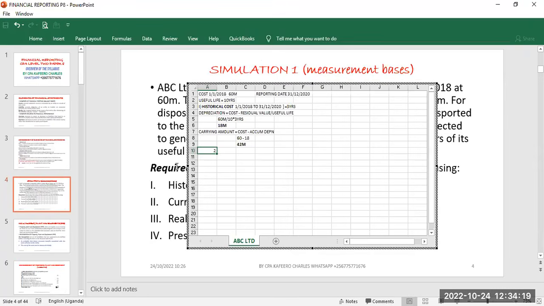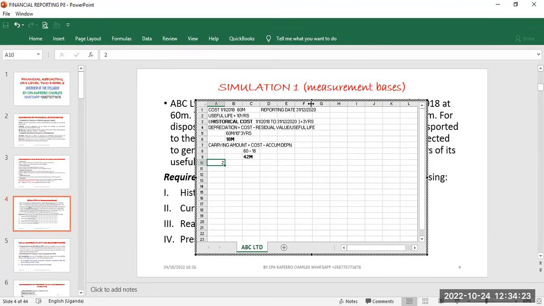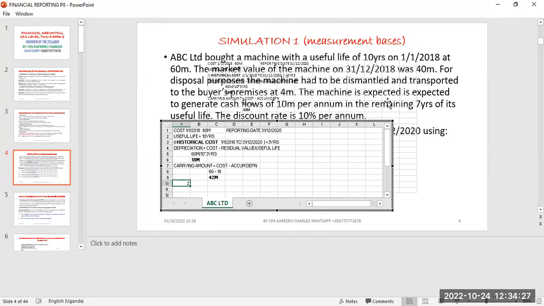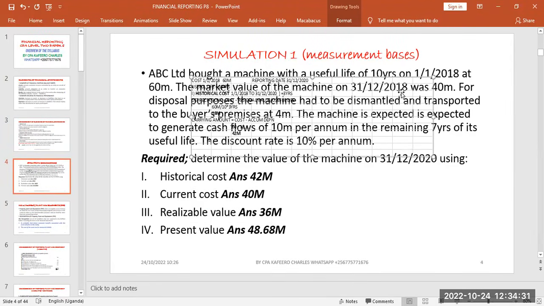Actually, this one was supposed to be 2020. Because it's the current market price, this is supposed to be 2020, not 2018. It was given to us as 40 million. So this one was okay, you just get it in the question.